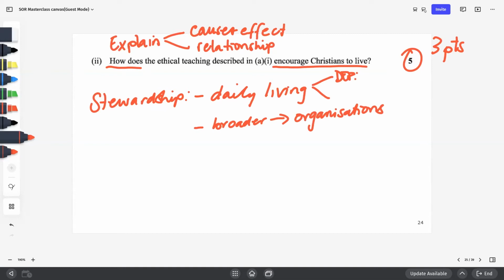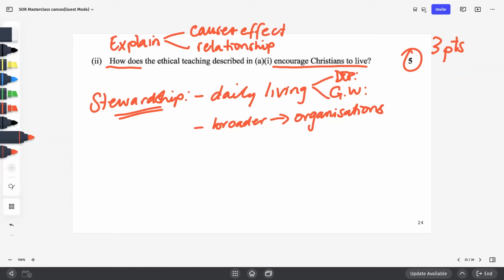If you've done global warming or climate change, then it could be around reducing your carbon footprint. That is taking care of the environment that we have been gifted by God. So it could be walking, riding a bike, catching public transport, perhaps not on any given Wednesday because they're always on strike, but catching public transport.